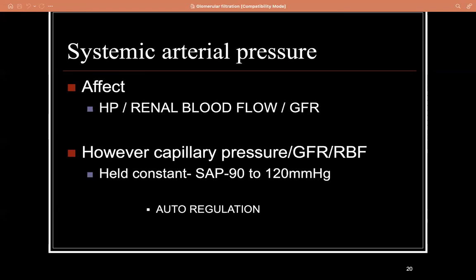Now, it may also be that you can finally restore the systemic blood pressure, but you have taken too long to restore. Renal blood flow, as we said earlier, not only causes filtration, the renal blood flow also supplies the kidney itself, the cells of the kidney, whether they are glomerular cells or tubular cells.